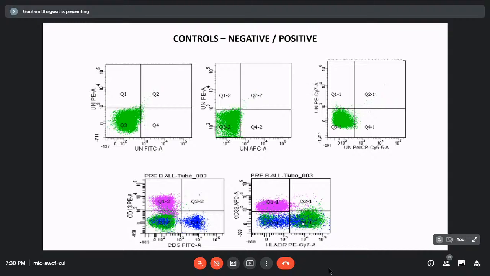It is entirely up to the pathologist, the hematopathologist and the technicians to choose their own colors, but the advice is to choose the same colors throughout all your samples so that there is very little confusion. So in most of my cases you would see that the green color is the cell of interest, the blue color is the lymphocyte.